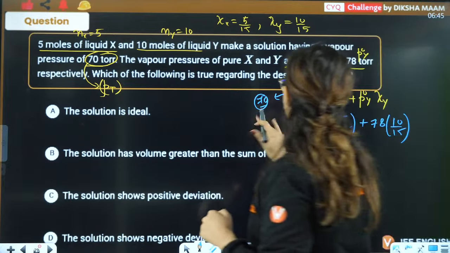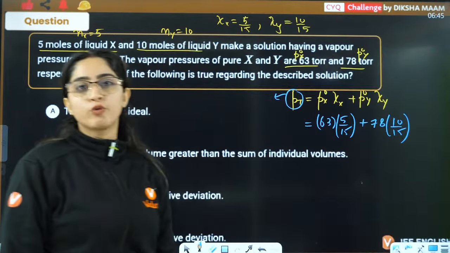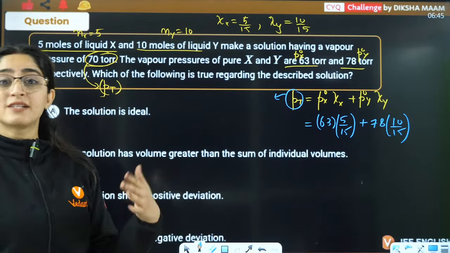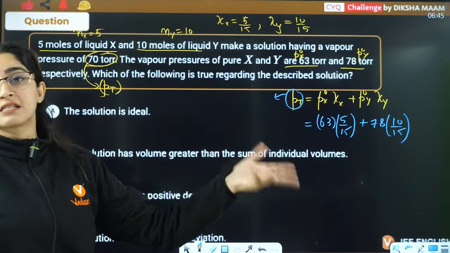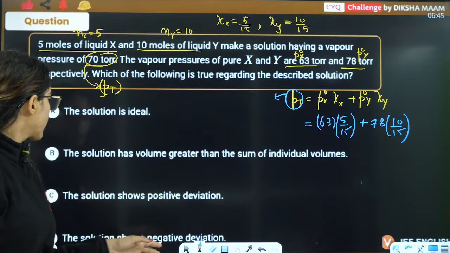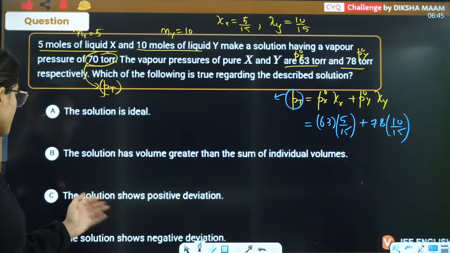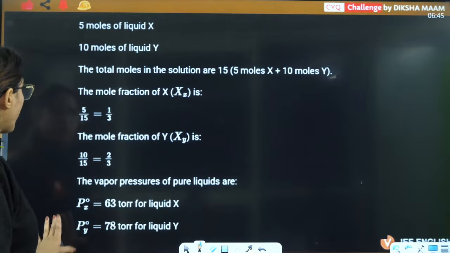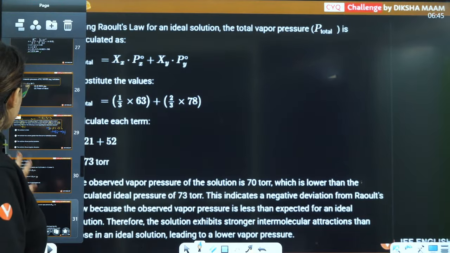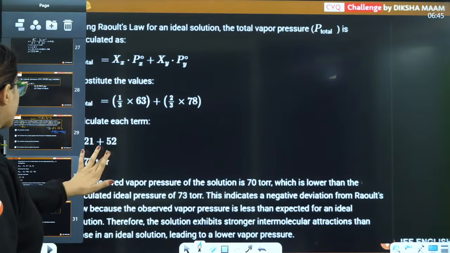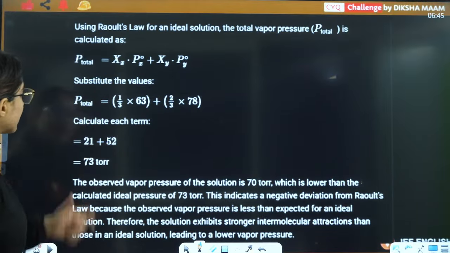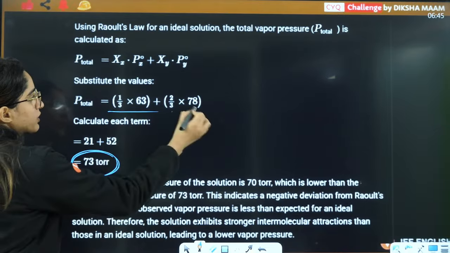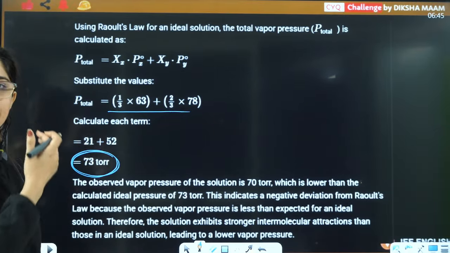If this value is greater than 70, that means it's positive deviation. If it is less than 70, it's negative deviation. If it is equal to 70, it's an ideal solution. After solving, each term calculation, it is going to be 73 torr.